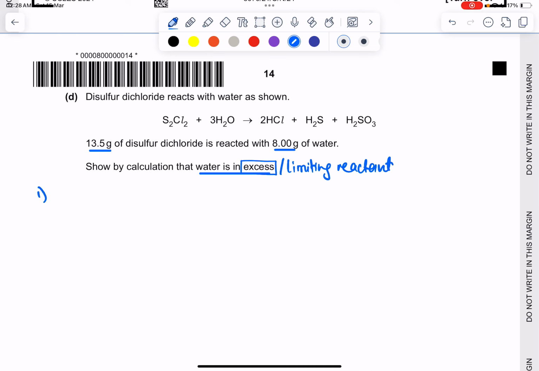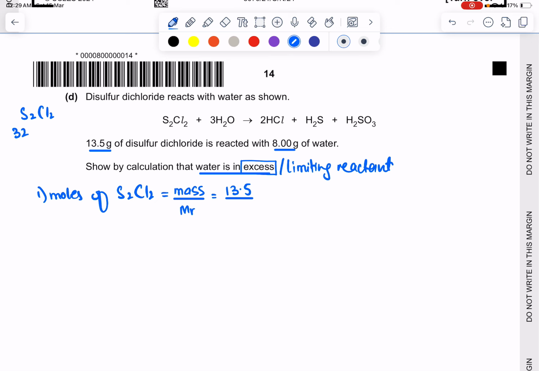So we will first calculate the moles of S2Cl2. The value is given in gram, so we will apply the formula mass over molar mass, Mr. The mass is 13.5 and the Mr of disulfur dichloride we will calculate here.